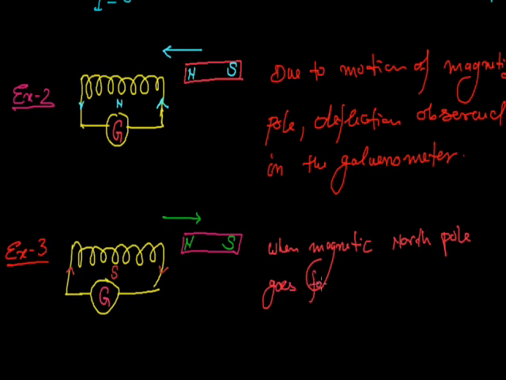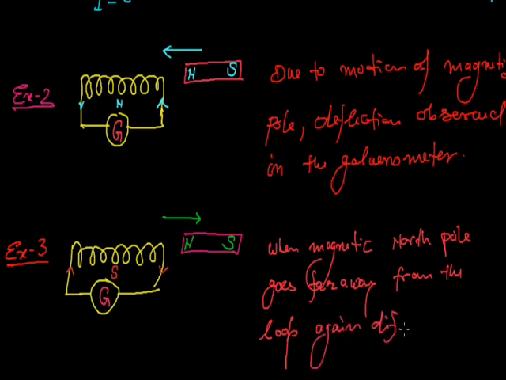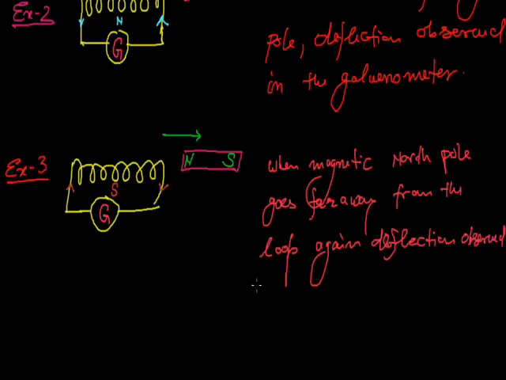Again deflection is observed in the galvanometer, but the direction remains opposite.